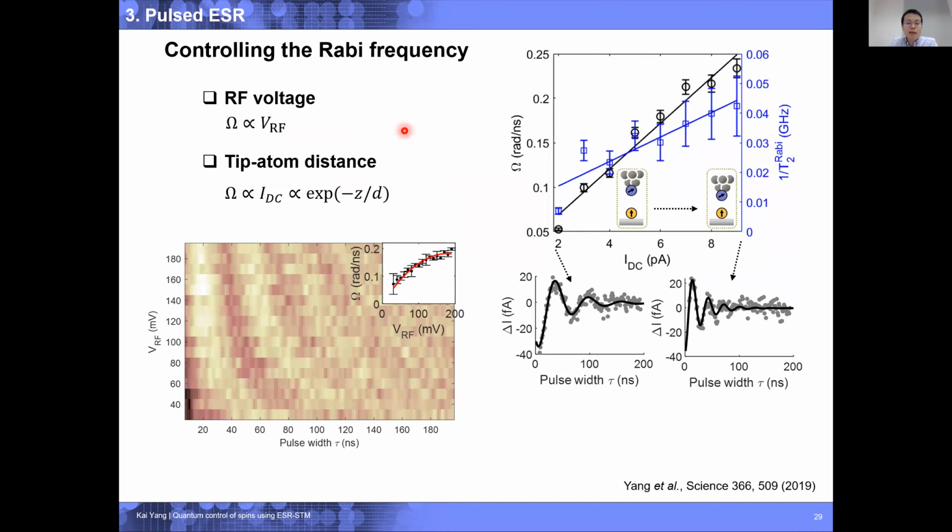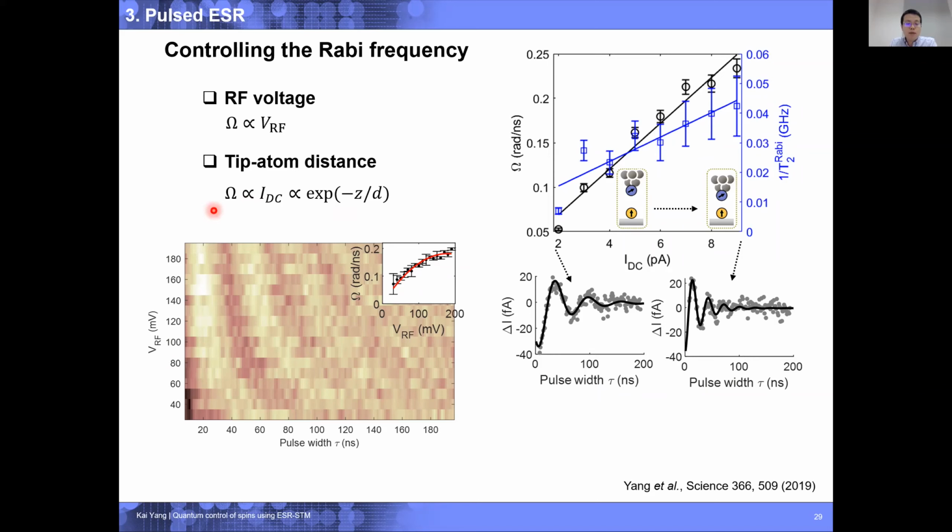And we have two ways to control the amplitude of the Rabi frequency, which basically characterizes how fast we can control the spin states. The first is by using the RF voltage. We can see as we increase the RF voltage, the Rabi frequency increases monotonically. The second way is by changing the tip-atom distance.